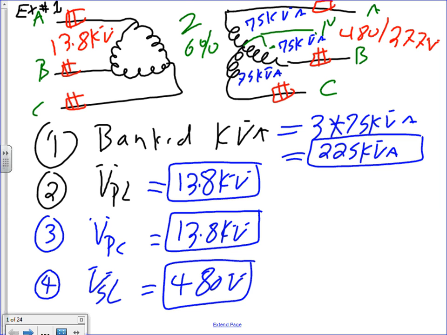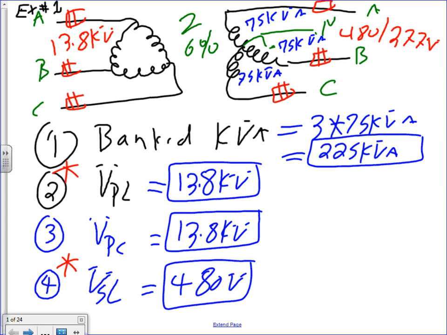Do me a favor, right next to the line voltage, put a star. This is the voltage that we use for all our calculations. The line voltage. We don't care about the coil voltage. Coil voltage is, calculation-wise, just in the back of your mind, but we really care about the line voltage, the one that we use all the time in the calculation.